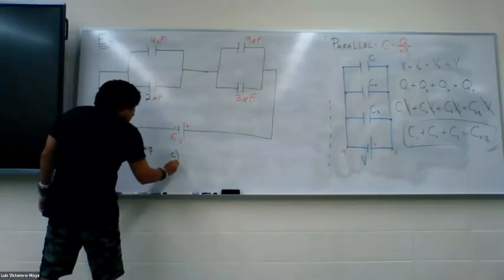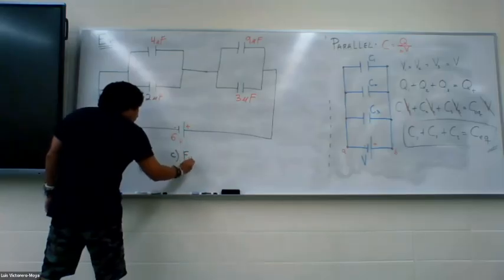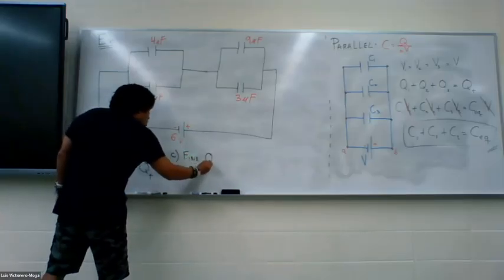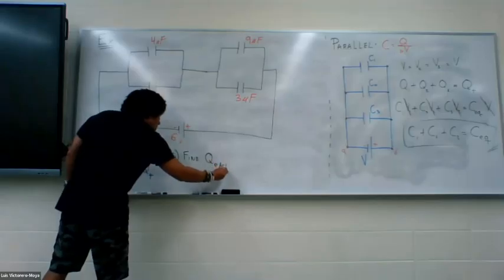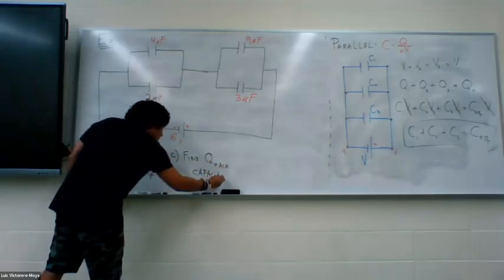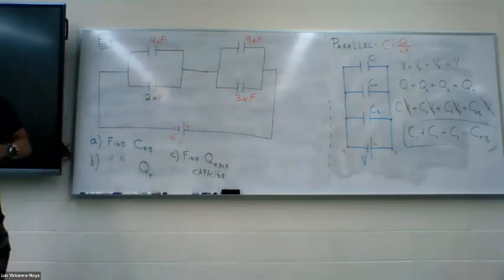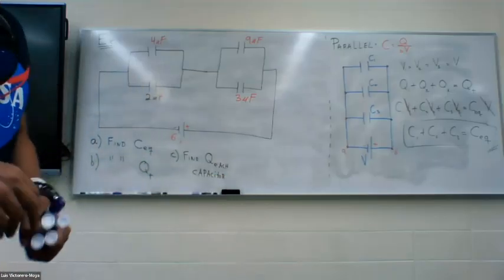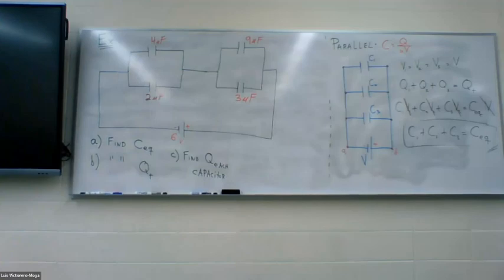And the other question may be to find the charge on each capacitor. All right. Okay. So the first step is to reduce the circuit so we can find the equivalent capacitance. So basically, reduce all those 4 capacitors into 1.